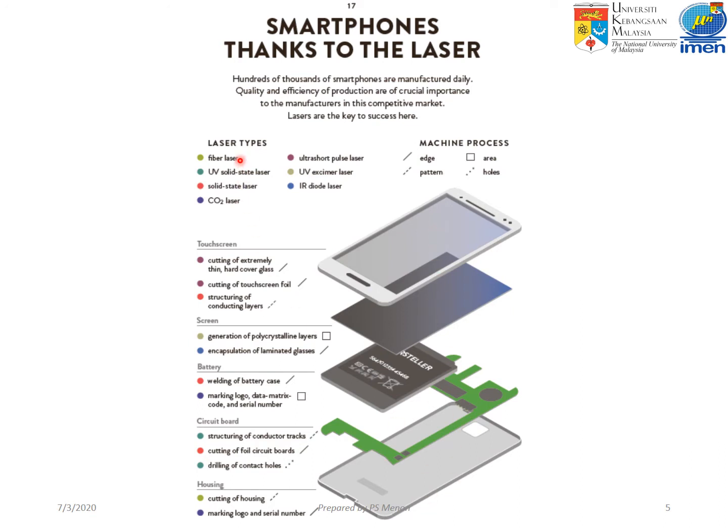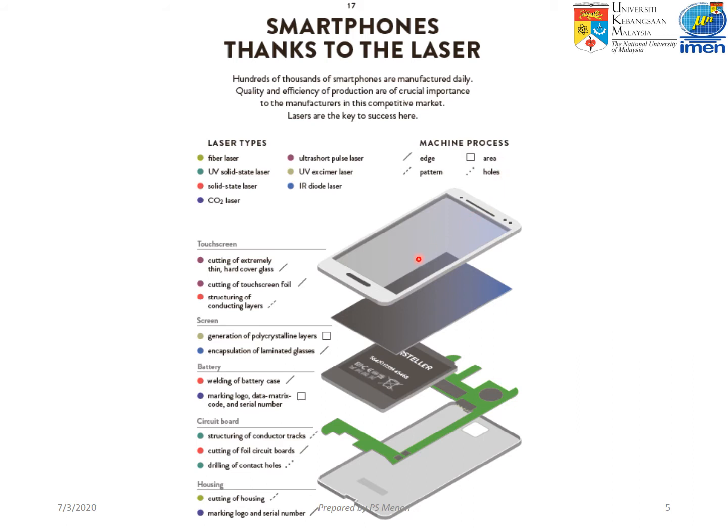You have the fiber laser, the ultraviolet solid state laser, carbon dioxide laser, ultra short pulse laser, ultraviolet excimer laser, and infrared diode laser. These lasers are used for different machining processes, for example, to make an edge, a pattern, an area, and also to make holes or vias.